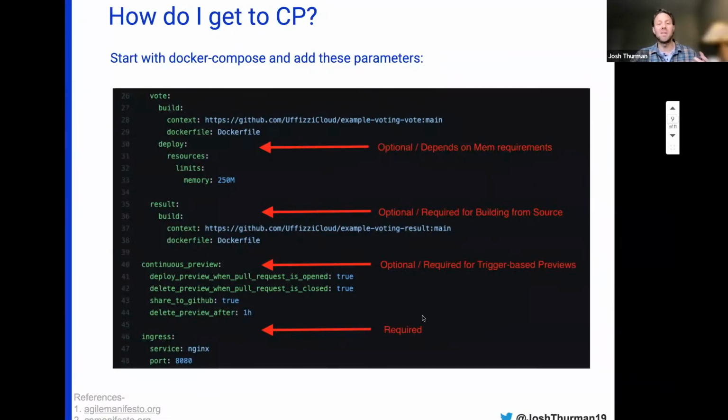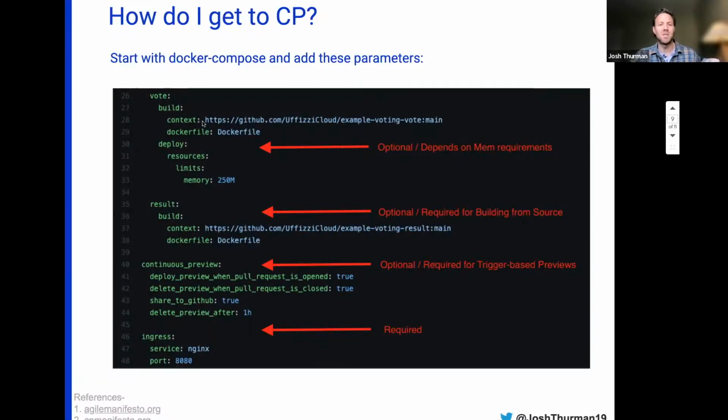For other capabilities or features, I'm going to have to designate some things, but let's go from top to bottom. This is my vote component of the Vote app. As I'm adjusting it to run as a preview, I have to define the build context.